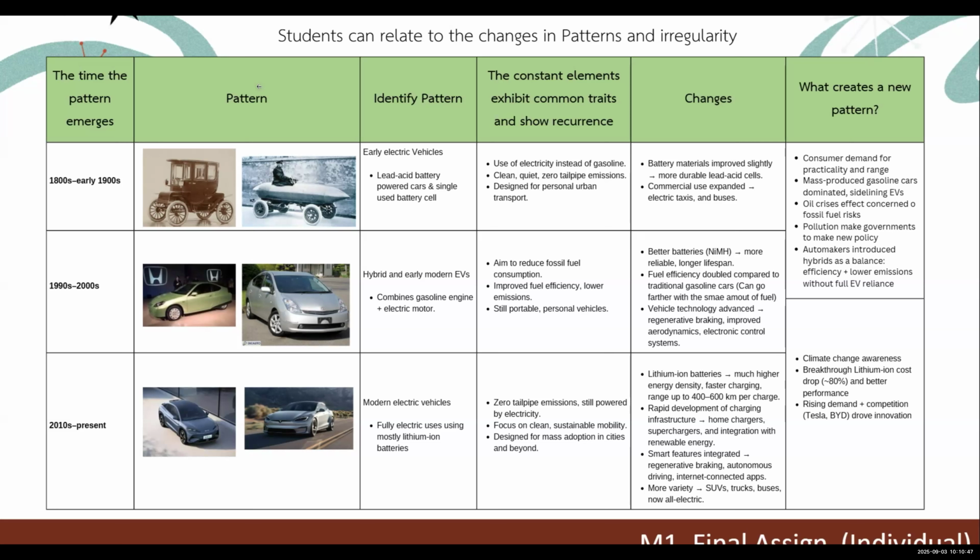And what creates a new pattern? The first one is consumer demand for practicality and range. During this era, the electric car could only drive around 50 kilometers, while the gasoline car, the Ford Model T, which came out, had a dominant range of around 200 miles, which made the electric car fade away from the industry.